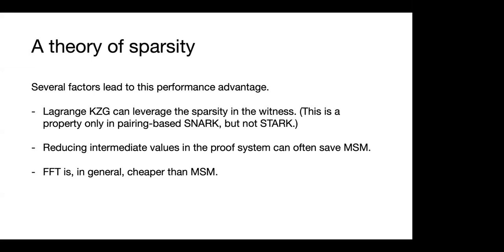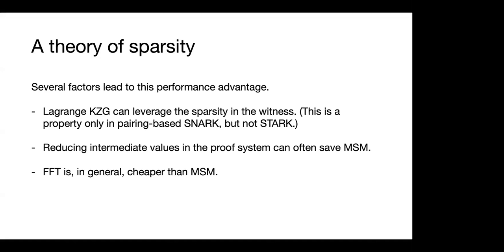And this leverages several things that are very special in the proof system we are using. First of all, there is something different between elliptic curve based proof systems and the ones based on STARK. And also Daniel is here, I really want Daniel's input on this. If I'm doing STARK using FRI, even if the numbers are mostly sparse, with a lot of zeros, I am not able to leverage that.